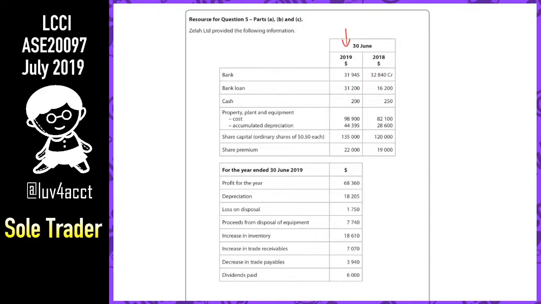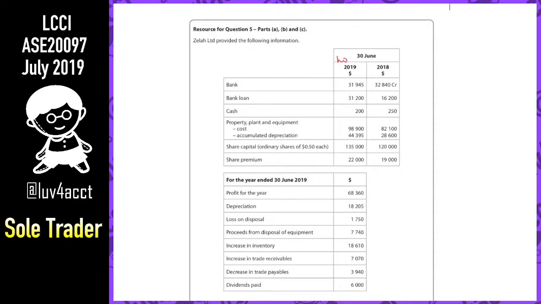If you are not careful, then you will mix up. So from year 2018 to year 2019, from bank overdraft to positive bank balance. So this is new, this is old. Always remind yourself.